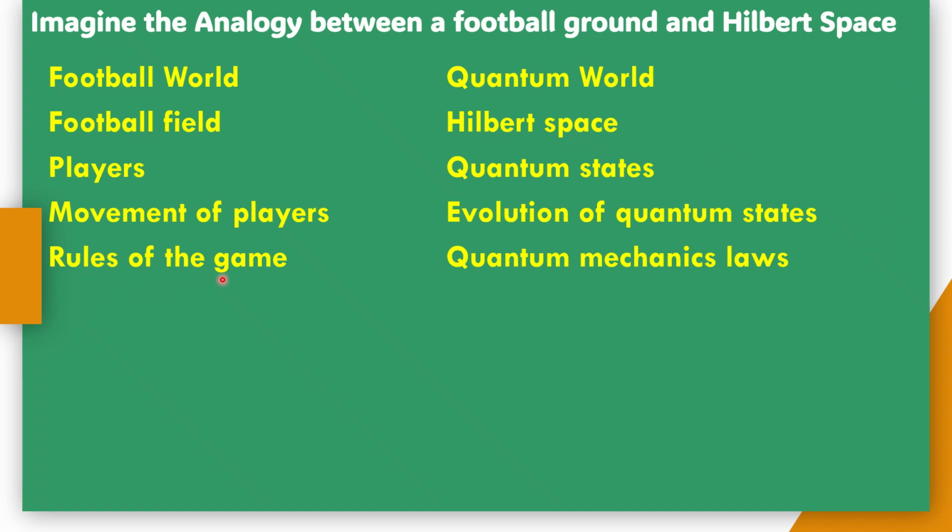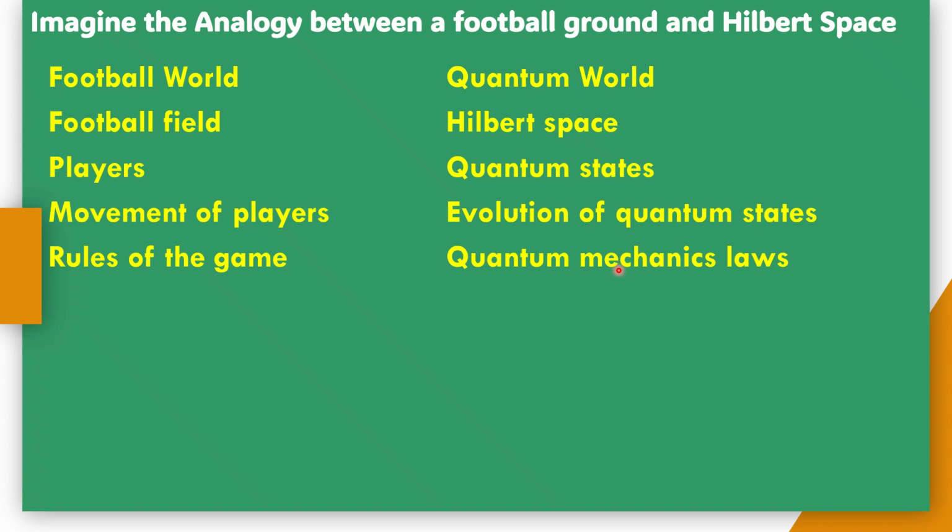But what about the rules of the game? Players play based on the rules of the game. Similarly, quantum state evolution and operations are performed based on the laws of quantum mechanics. So this is a simple analogy between the playground and the Hilbert space.